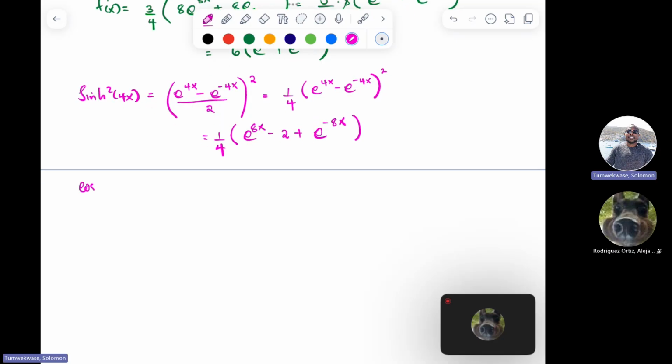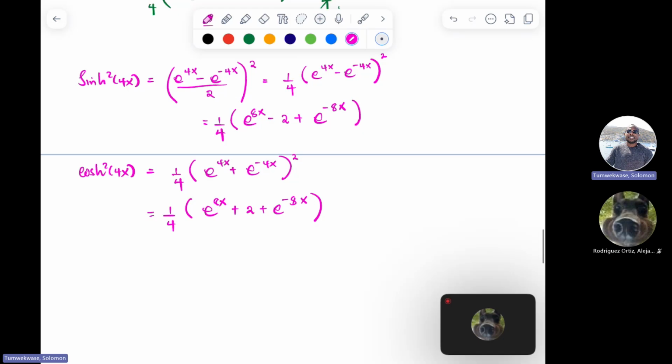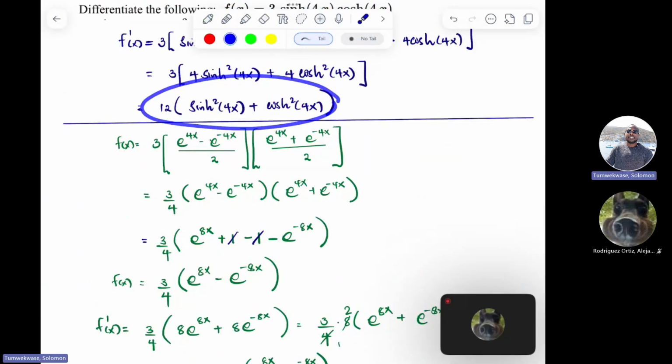Then the cosine hyperbolic squared of 4x, that is the same thing, 1 over 4 into e to the 4x plus e to the negative 4x, but this is squared. So this is 1 over 4 into e to the 8x plus 2ab, same thing, so that is 2, then plus e to the negative 8x. So what we are doing is we are adding up this guy and this guy here in this expression.